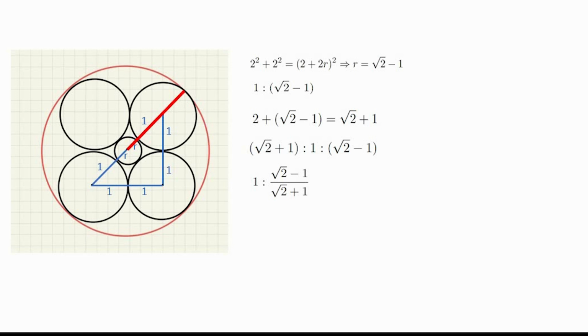And this actually is going to be the radius of our smallest circle. If you want something more mathematically, aesthetically pleasing, you multiply the numerator and denominator by square root of 2 plus 1. And then we get 3 minus 2 multiplied by square root of 2. That is going to be the diameter of the smallest circle when the biggest circle is the unit circle.